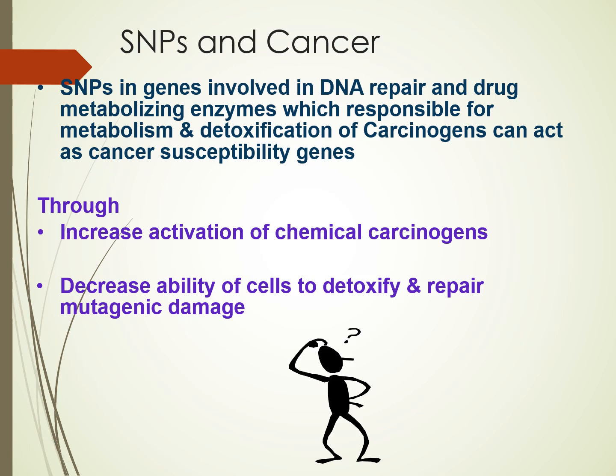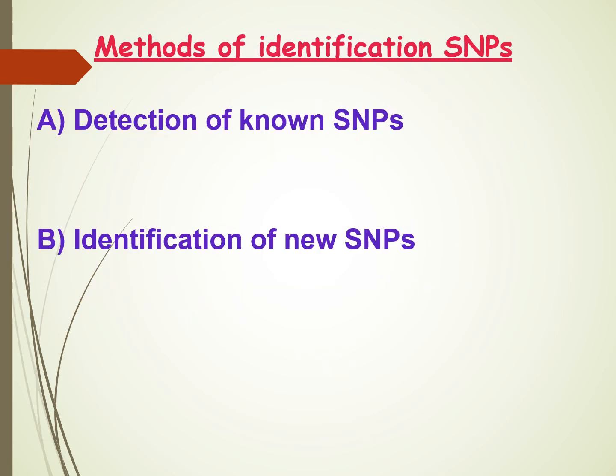So if a carcinogenic compound comes into the body of an individual, then the drug metabolizing enzyme will not be able to metabolize that carcinogen, and it may result in progression into cancer. So this can occur through increased activation of chemical carcinogens and decreased ability of cells to detoxify and repair mutagenic changes.